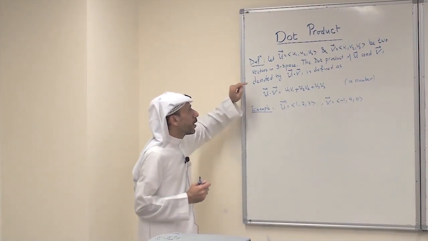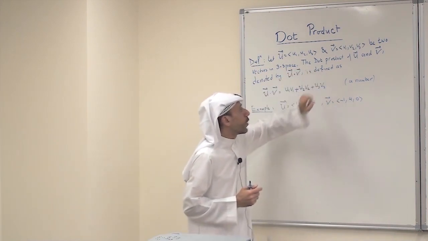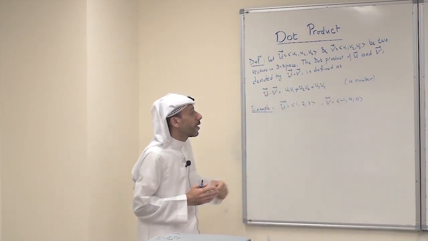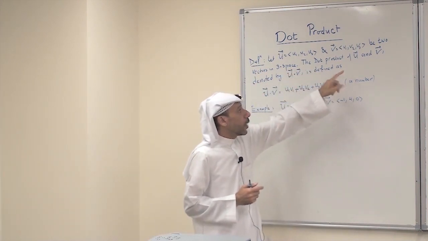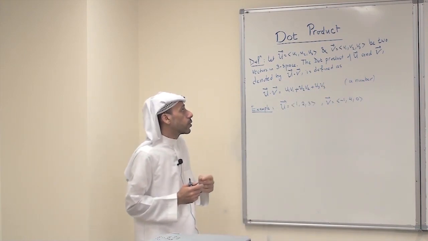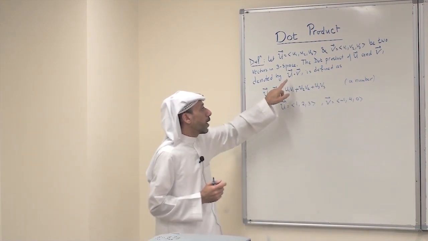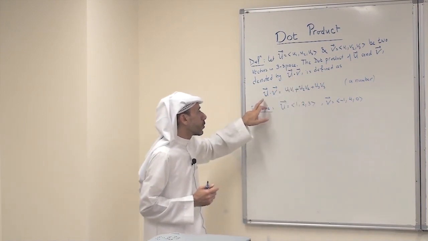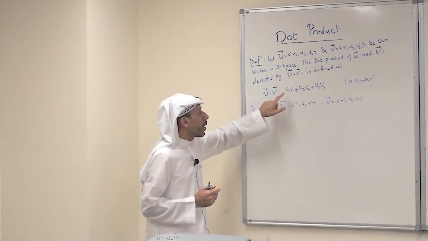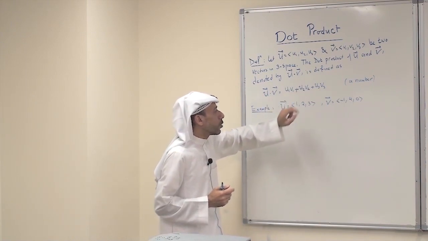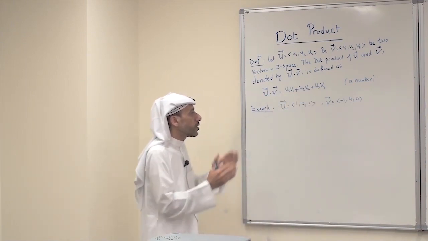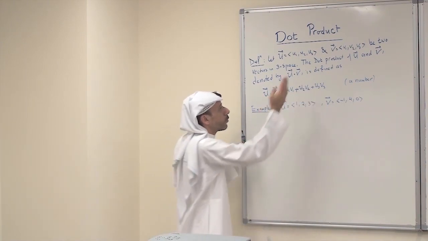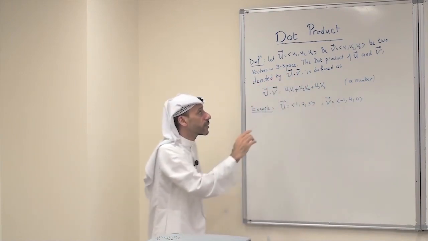So the definition: let U and V be two vectors in 3-space. The dot product of the two vectors U and V, denoted by U dot V, is defined as follows: U dot V equals U1 V1 plus U2 V2 plus U3 V3. So it is the sum of the products of the corresponding components.